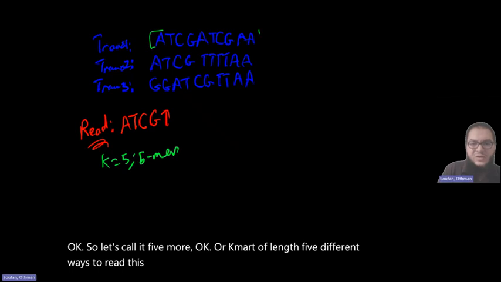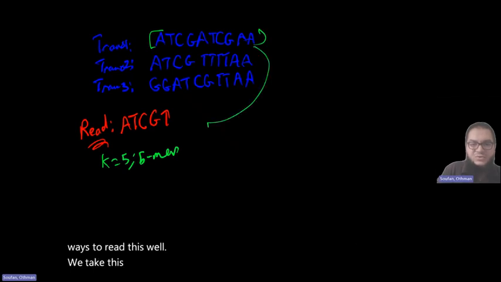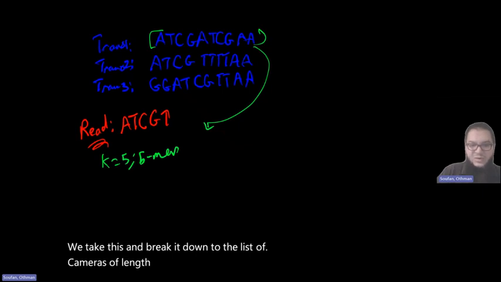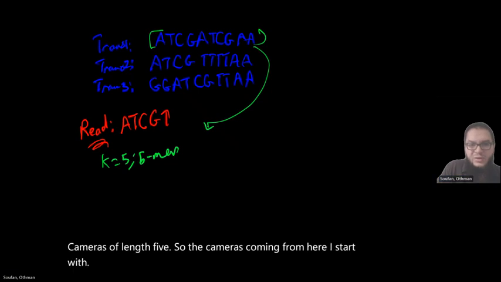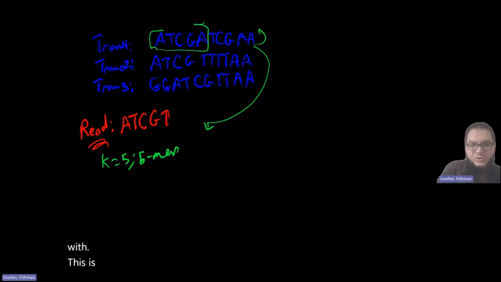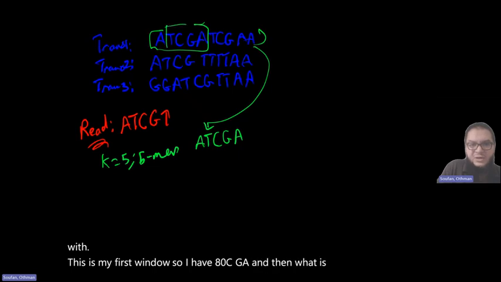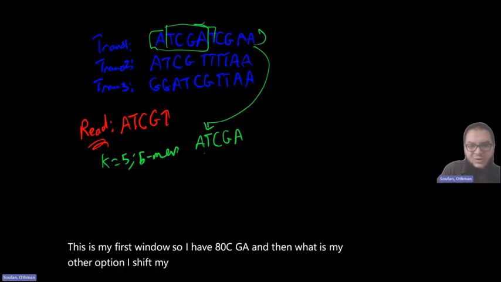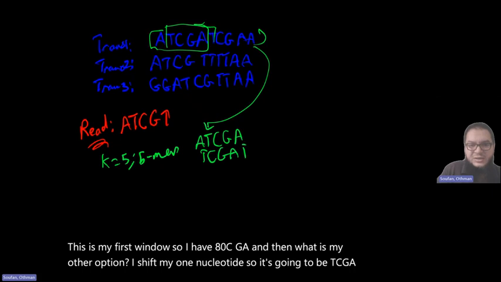Well, we take this and break it down to the list of k-mers of length 5. So the k-mers coming from here, I start with, this is my first window, so I have ATCGA. And then what is my other option? I shift by 1 nucleotide, so it's going to be TCGAT.